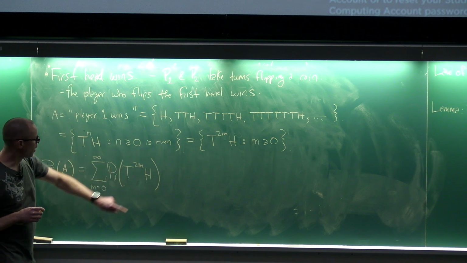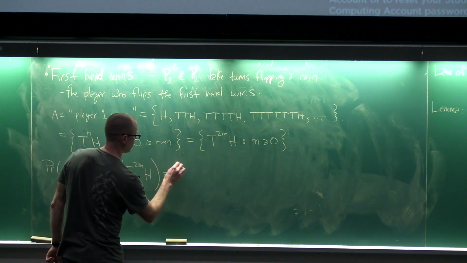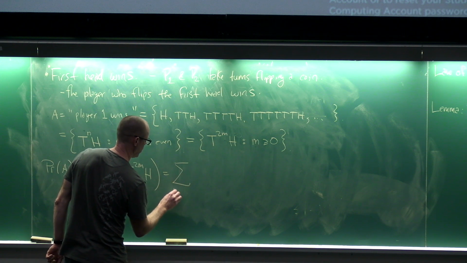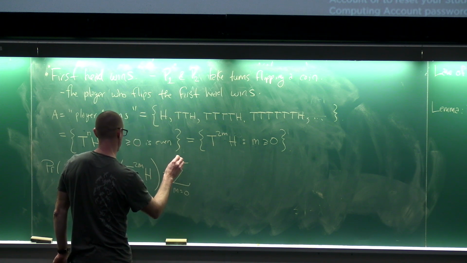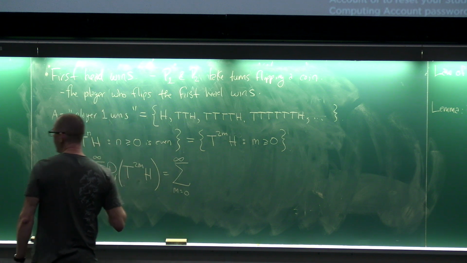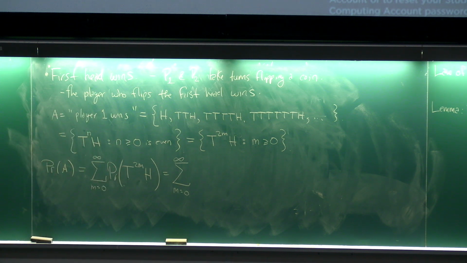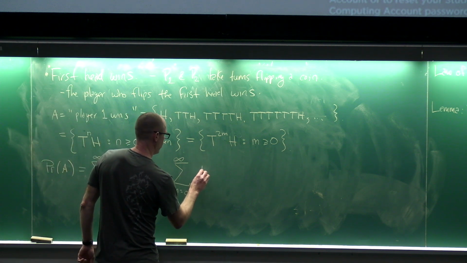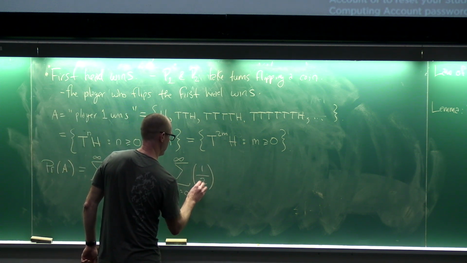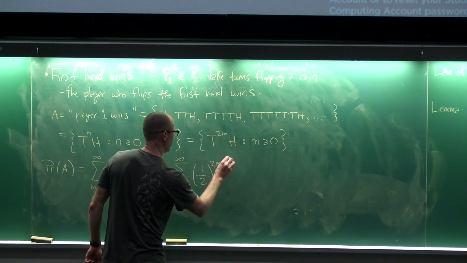We know all of these probabilities. Probability of one of these guys should be 1/2, and we have 2m here, so this is 1/2 to the 2m plus 1.